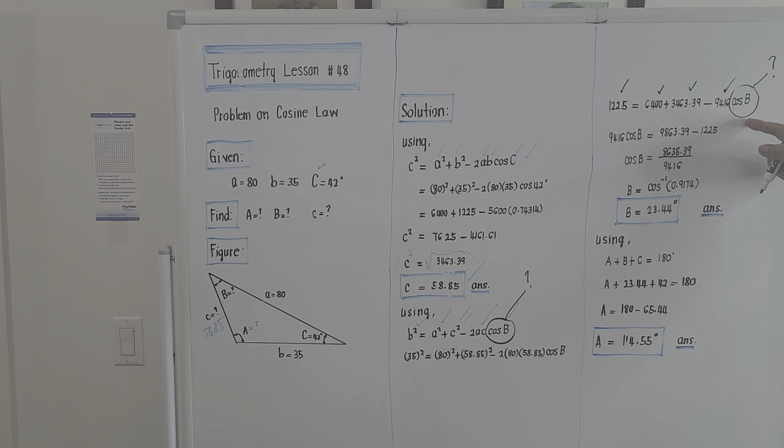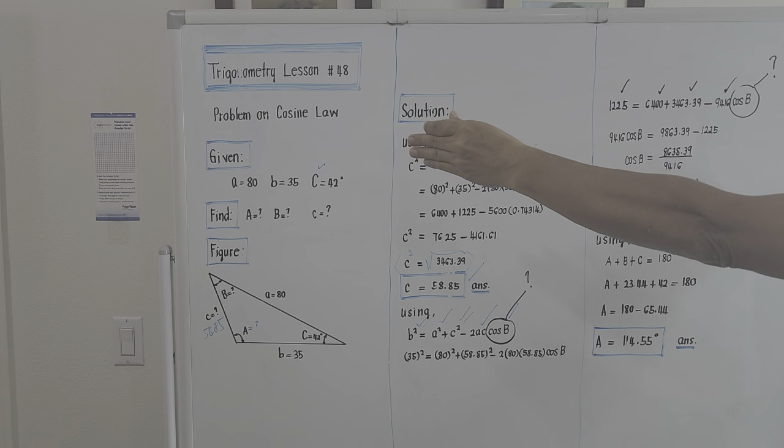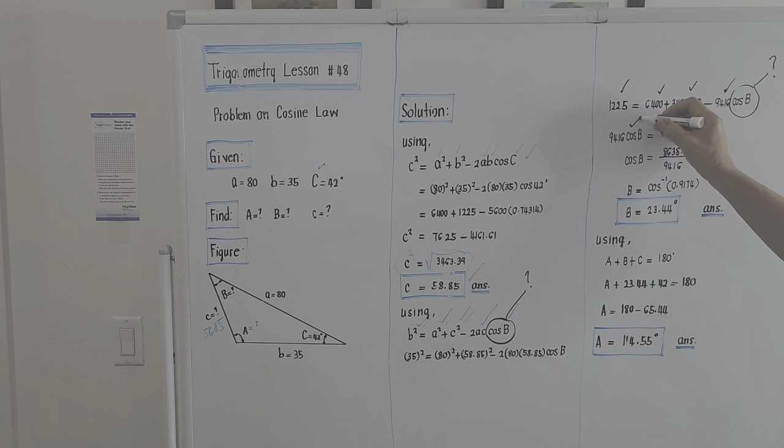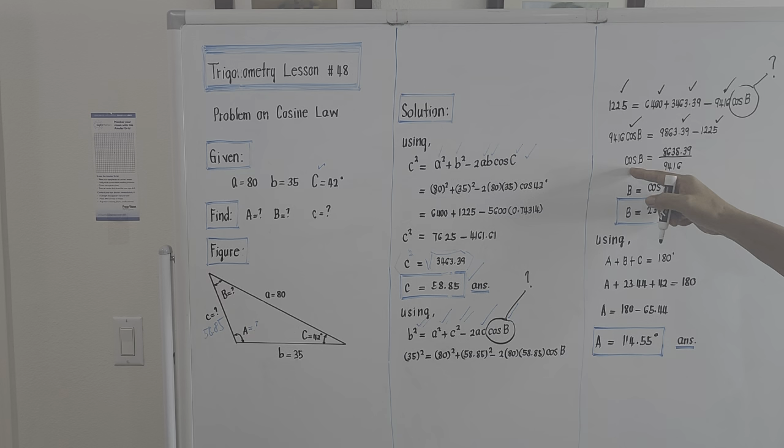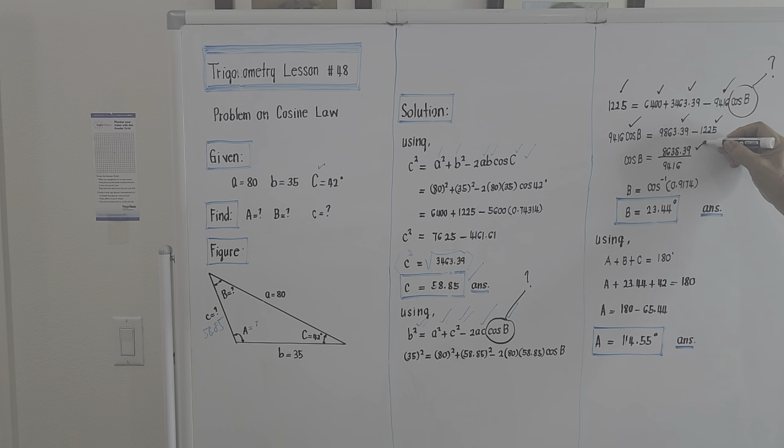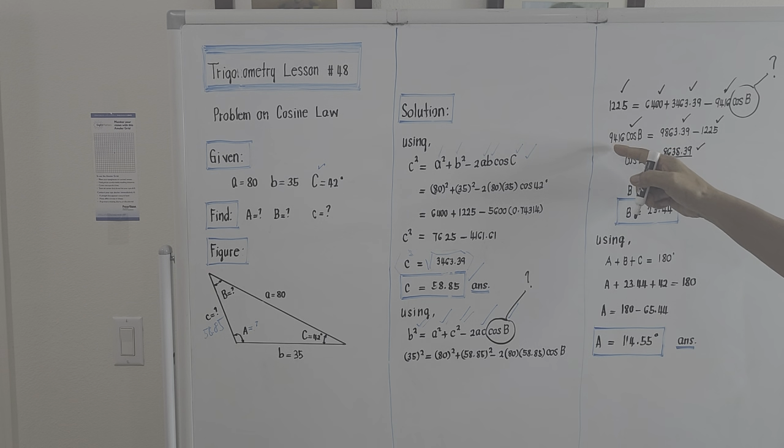So we transpose this one to the left. It's now plus. And we take the sum of 6400 plus 3463.39, which is 9863.39. We transpose this to the right. This will now be negative. Therefore, cosine B now will be the difference of this, which is 8638.39, with the coefficient 9416.